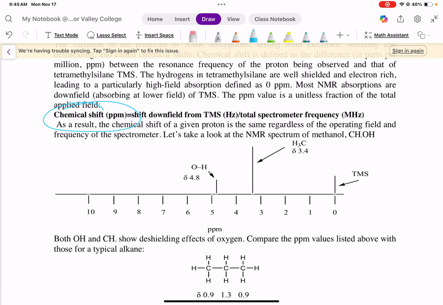So chemical shift is the frequency of the energy absorbed by the group of hydrogens versus the total frequency of the spectrometer, with TMS, tetramethylsilane, as a reference. Everything else is based on that. Now we've got a CH3, that's the first group, and then the hydrogen of the OH, really high. Here I would like to talk about the shielding and de-shielding effect.